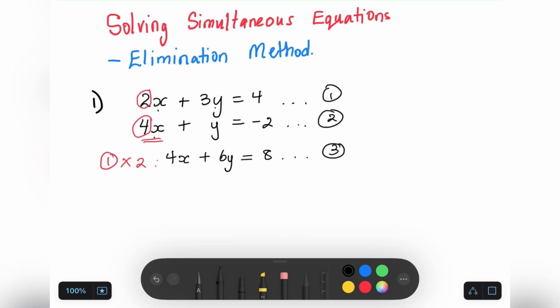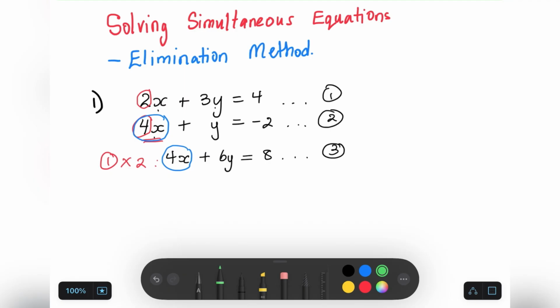Now I look at the signs. 4x in equation 2 and 4x in equation 3, they're both positive 4x. And when you have the same signs, you subtract the equations. Because remember, the whole purpose of using the elimination method is to get rid of one of the variables.